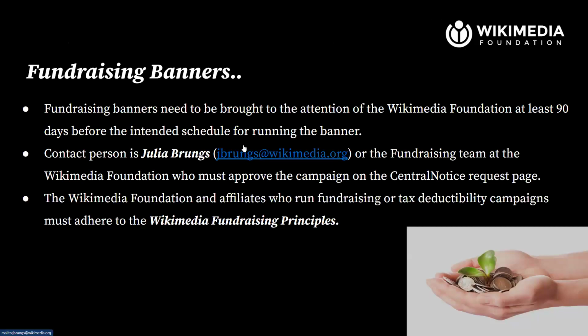For fundraising banners, there needs to be info to the Wikimedia Foundation, in this case, Julia Bruns, who has to approve the campaign on the CentralNotice request page, so that we as volunteer CentralNotice admins are certain that this is not just an idea of yours, but it's actually a contract between the foundation and you, how to do the fundraising and such, which includes adhering to some principles and so on.